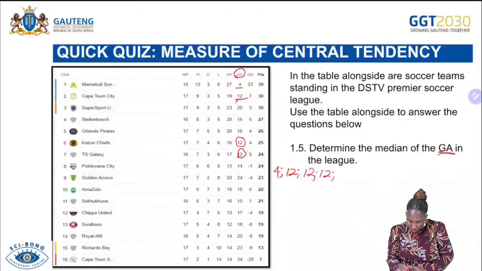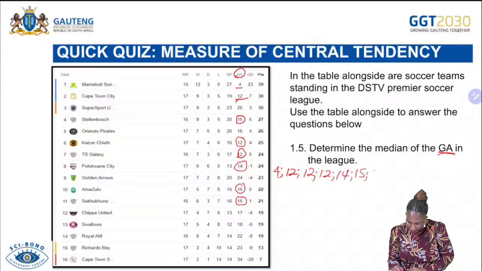Then the next number besides the 12 is 14. How many 14s do we have? Only one 14. Then we go to the 15. How many are there? 1, 2, 3 15s.